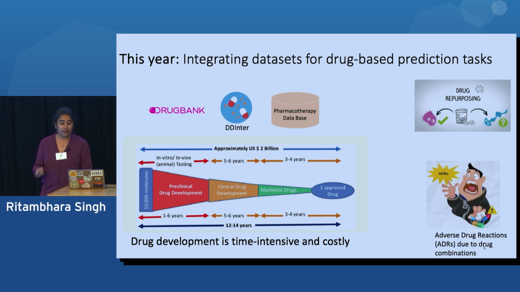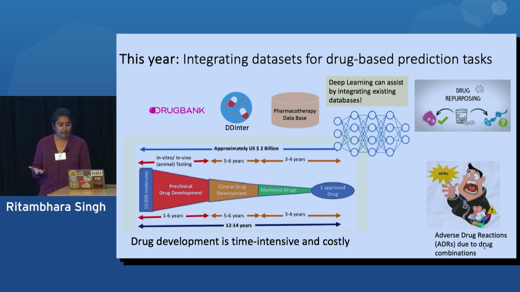We also have databases like DrugBank and DD-Inter that have information about which drugs are interacting. And this is relevant because there are a lot of drugs that can interact and cause adverse side effects. So we want to know what those drugs are and how they interact.